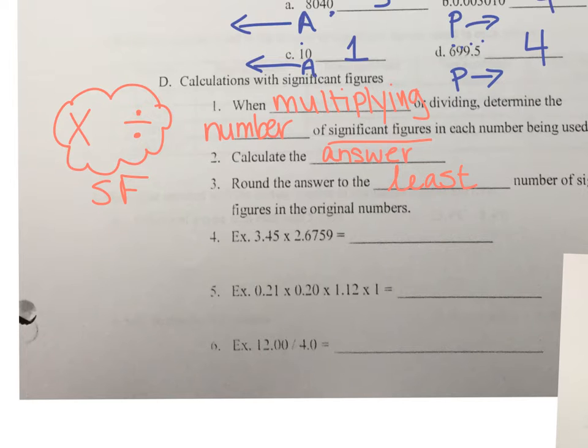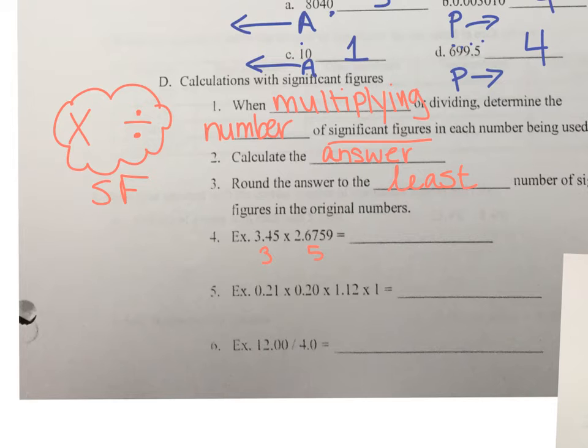Remember that. All right, so for the first one, we have 3.45 times 2.6759. All right, so let's count up our sig figs first. How many are in this first number? 3. If you're using the present, you would have used from left to right. They all counted. Okay, so 3 on this one. How many sig figs are in the next number? 5.